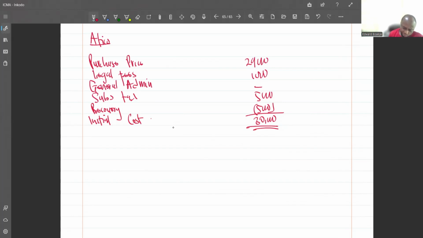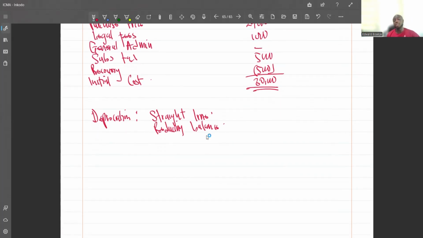Now, what you have to know is when we talk about depreciation, you may be using a straight line method or the reducing balance. This is dealing with a straight line method, because we're just given 50 years. If it were a reducing balance, you would have been given maybe a percentage to be used. But how do we calculate depreciation?